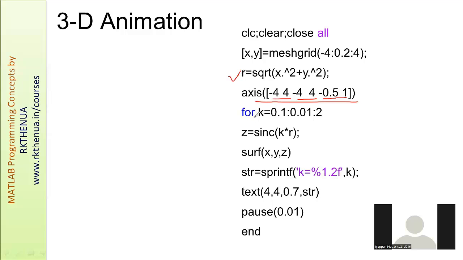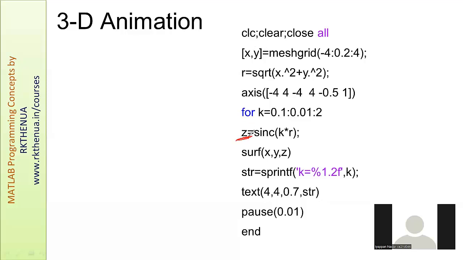After that, I use this loop, and I pass this R in the sinc function, and I multiply with one variable. On that variable, this Z is varying.